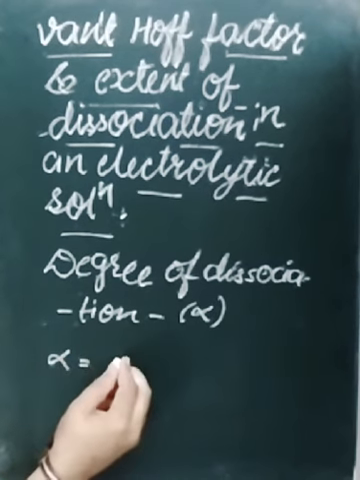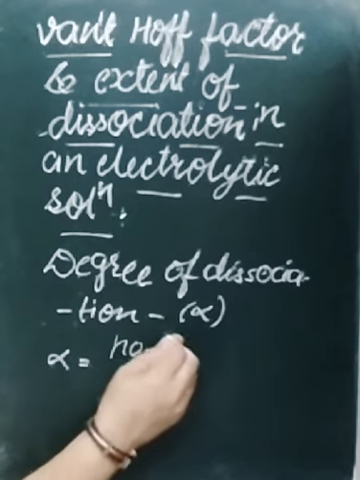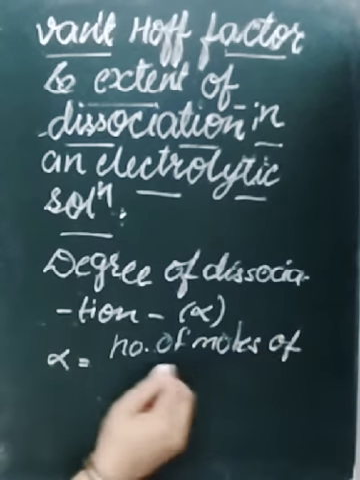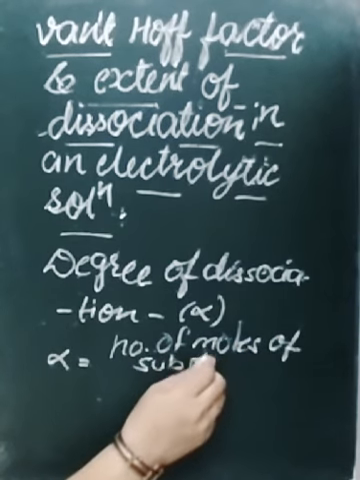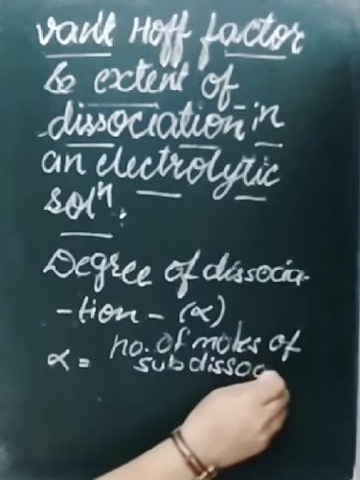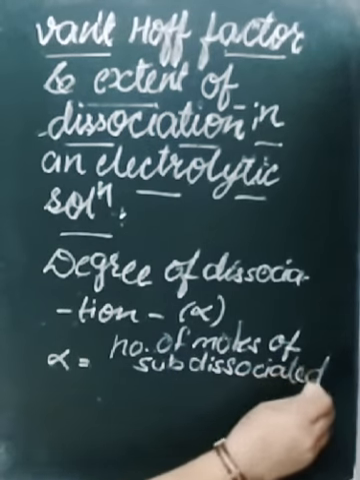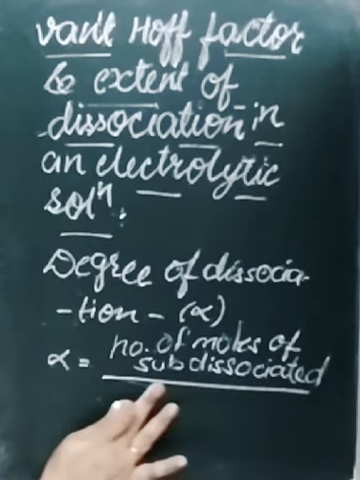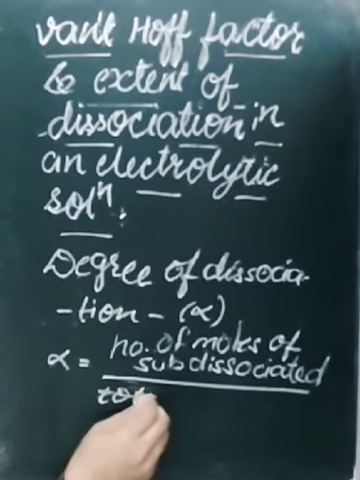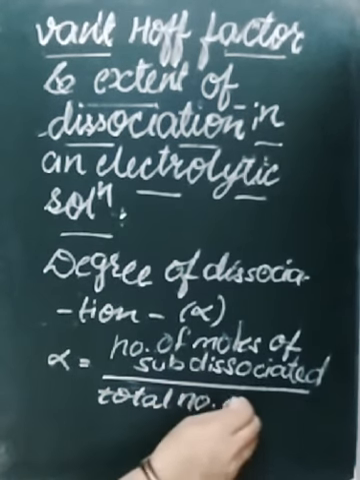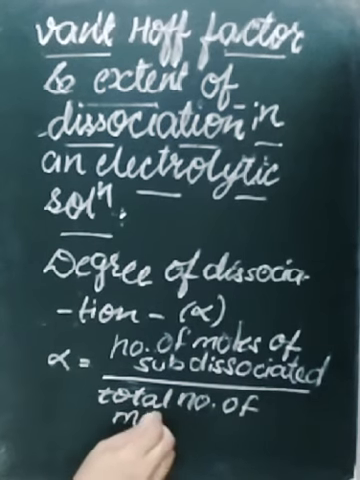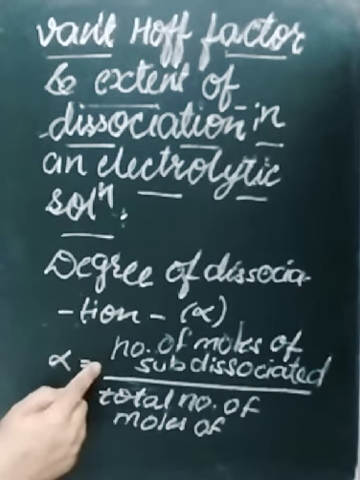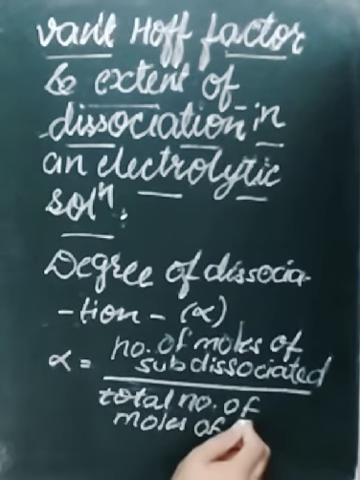Alpha is equal to number of moles of substance dissociated upon total number of moles of substance taken.